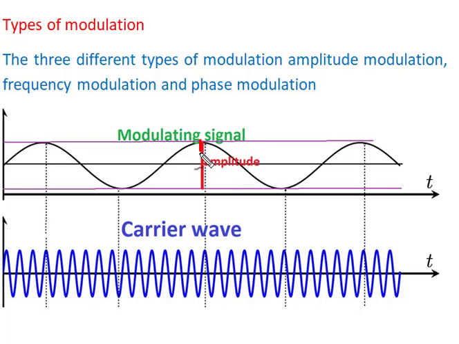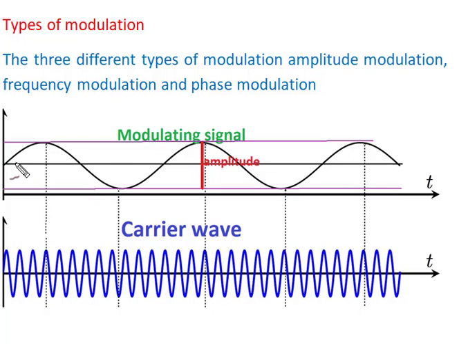One is the amplitude, this area, from maximum to minimum. This is known as amplitude.